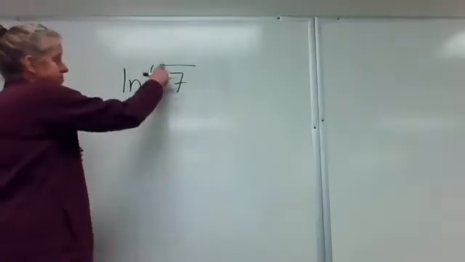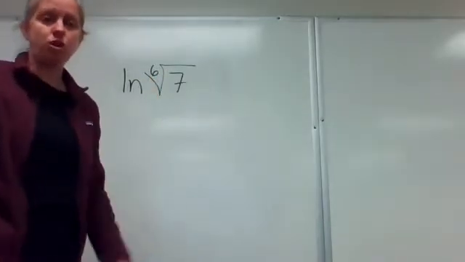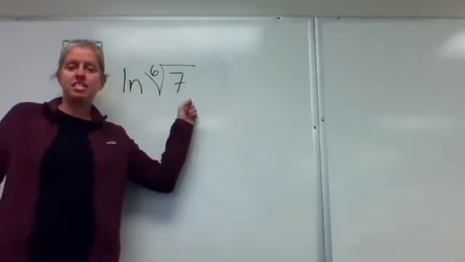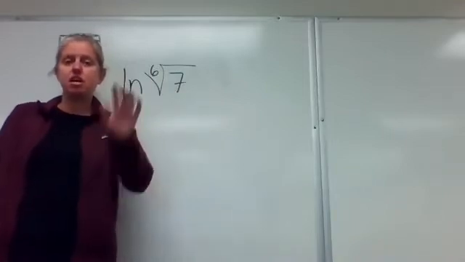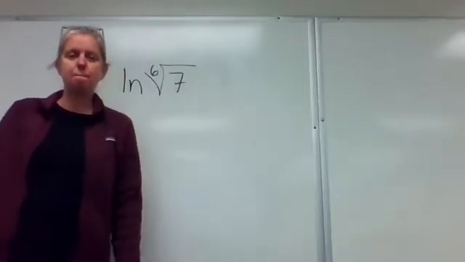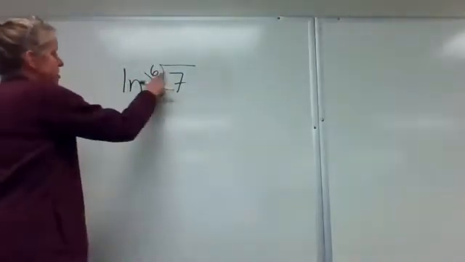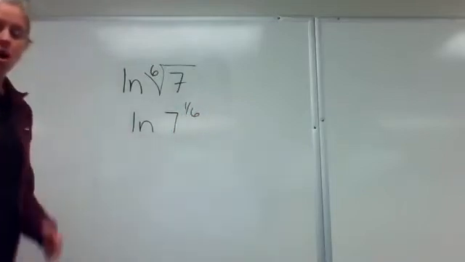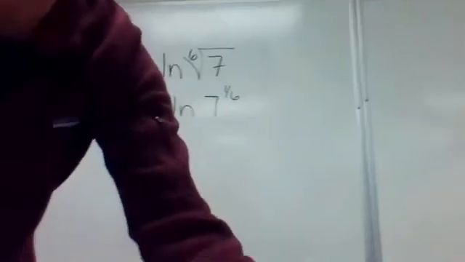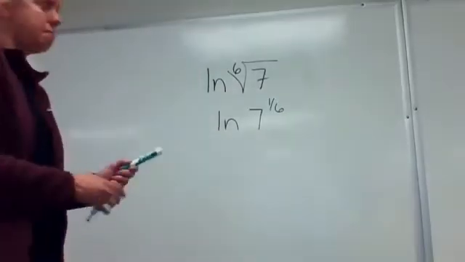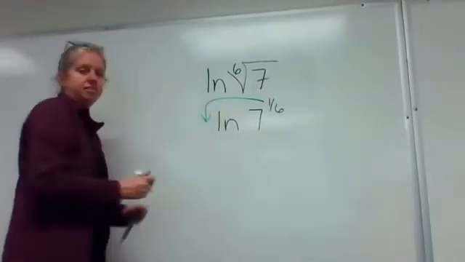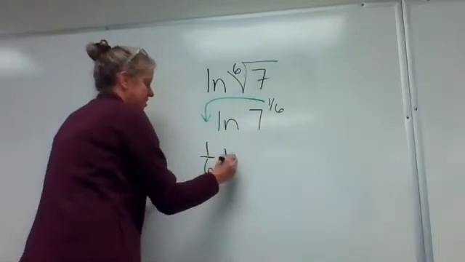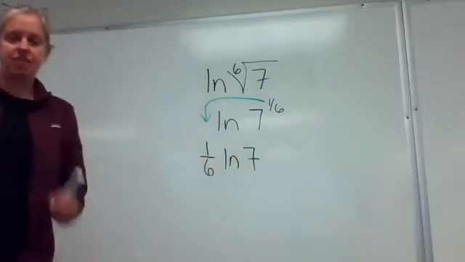But remember, if you are taking the 6th root of something, that is the same exact thing as raising whatever is underneath here, which is 7, to the 1/6 power. So the ln of the 6th root of 7 is the same thing as saying the ln of 7 to the 1/6 power. Now that I see my exponent, I can bring it down in front. So this can be rewritten as 1/6 times the ln 7.